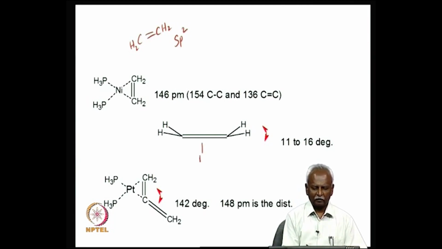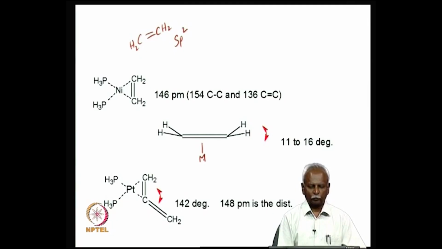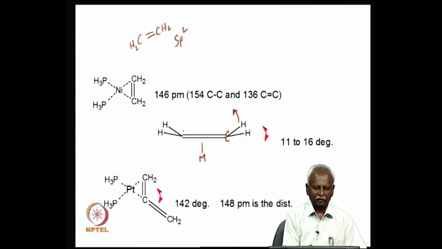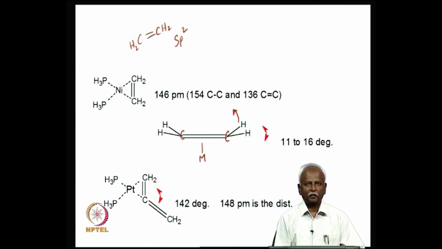If the metal is bonded in this position, then the hydrogens are moved away from the metal, and this leads to a slight rehybridization of the carbon. Various explanations have been given for this.